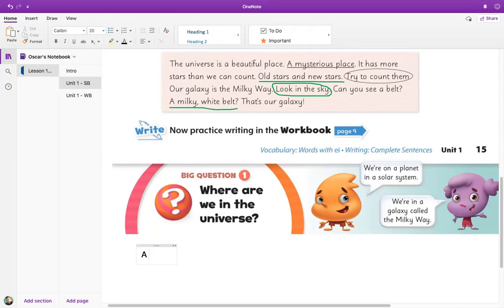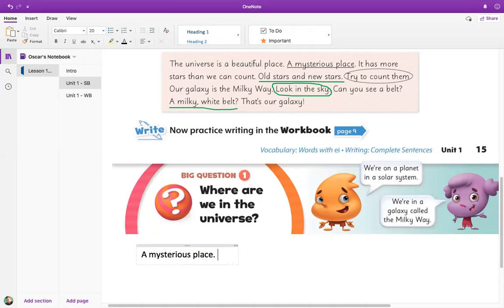Here I'm going to rewrite it as incomplete so you can see it more clearly, but you don't need to do that. If you don't want, you can just rewrite the complete sentence, but we are going to do this together. So our incomplete sentence is "a mysterious place."